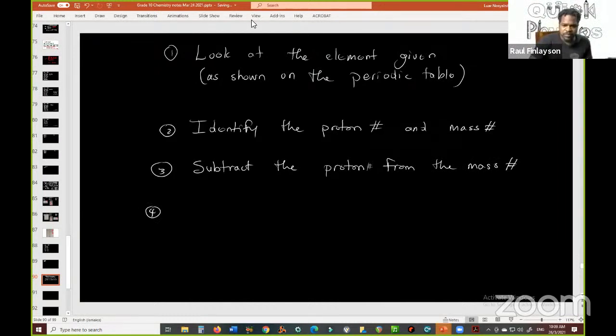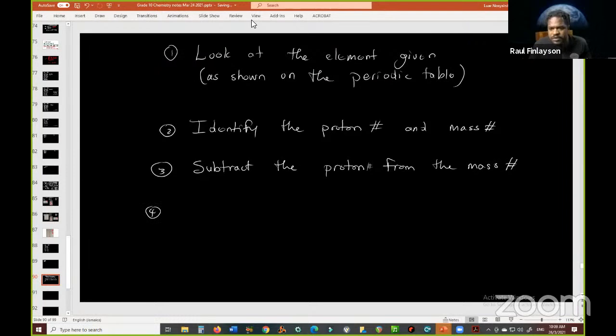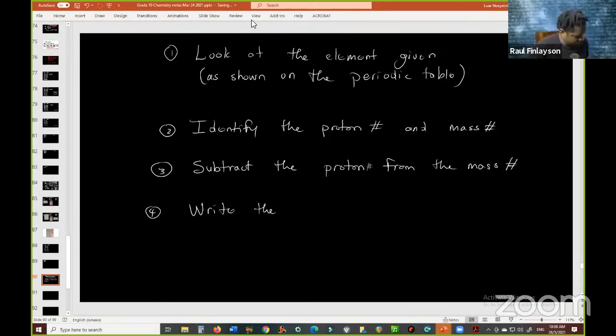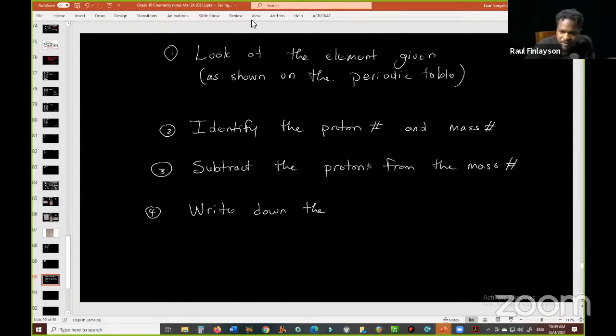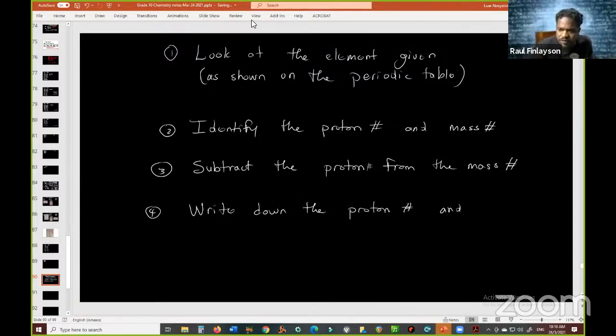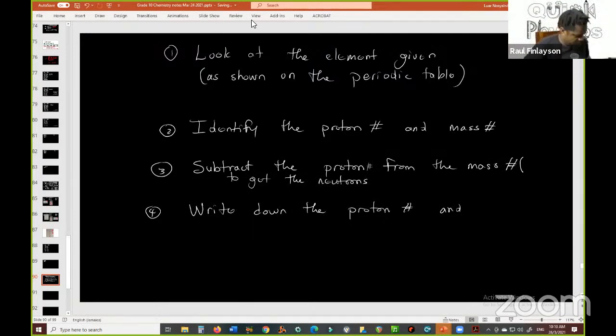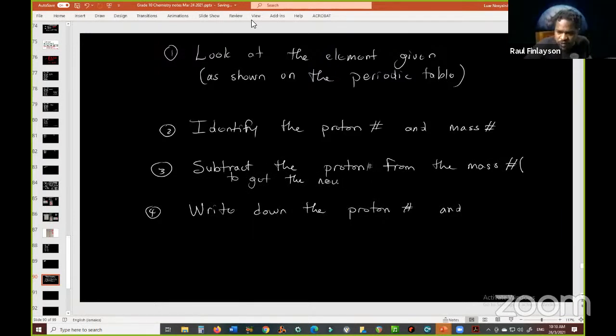This step is to get the neutrons. Let me just write this properly because this thing is sliding.